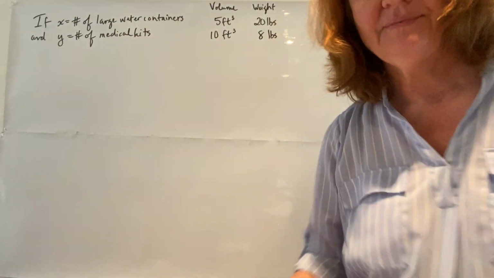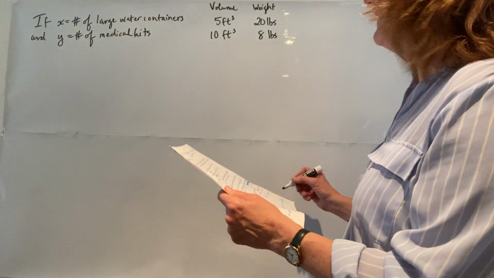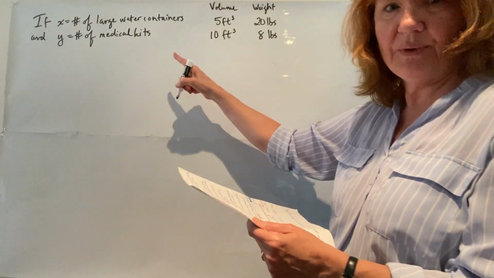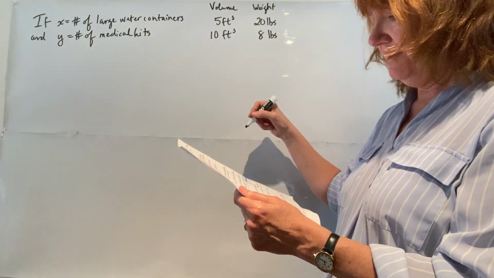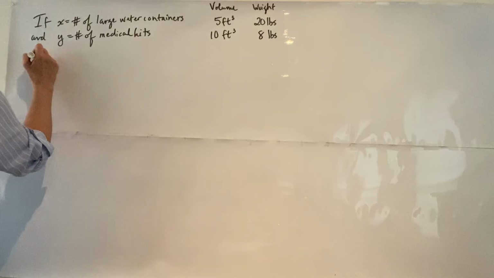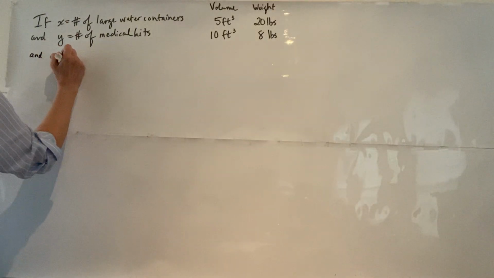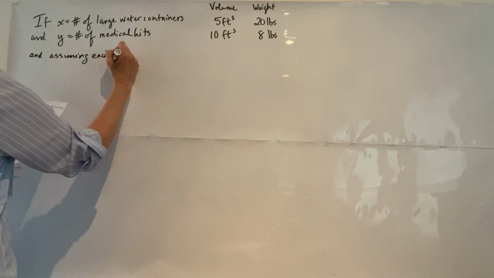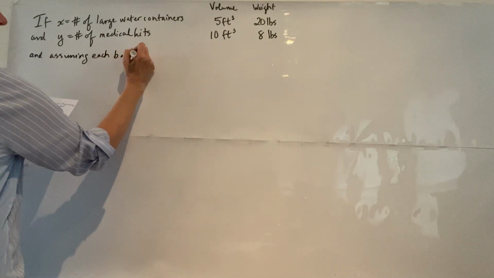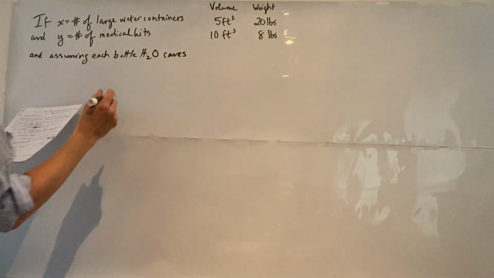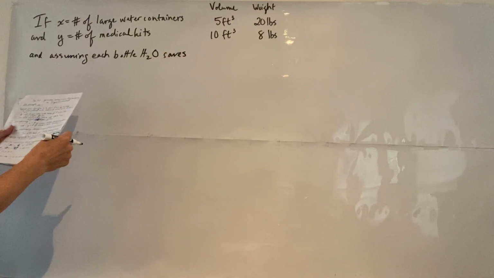Alrighty, so if that's how we designate X and Y, and we're assuming each bottle of H2O saves, let's see now, what was that idea?